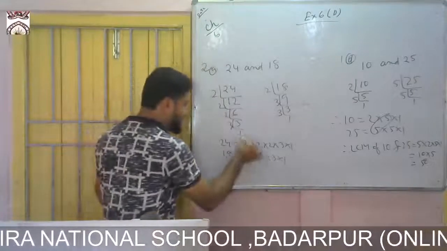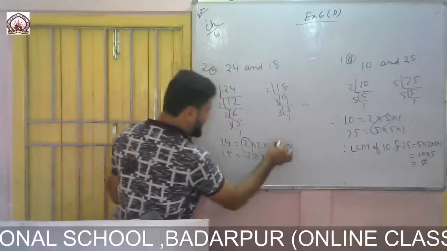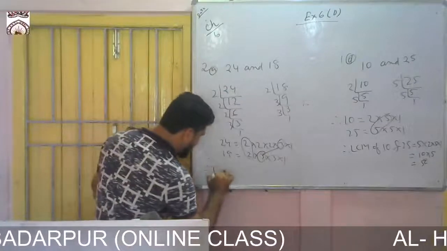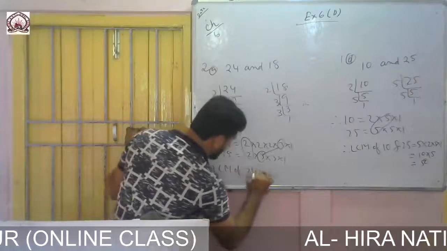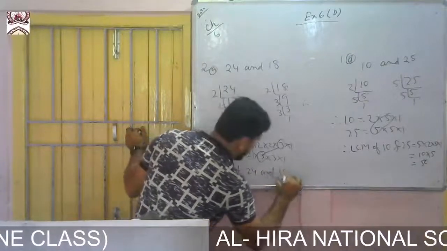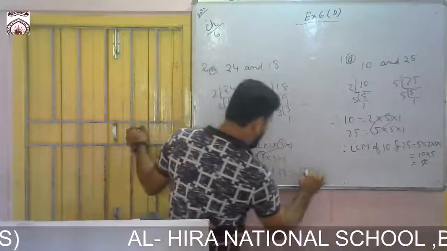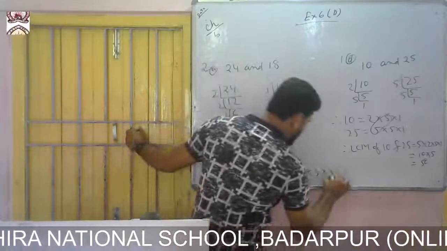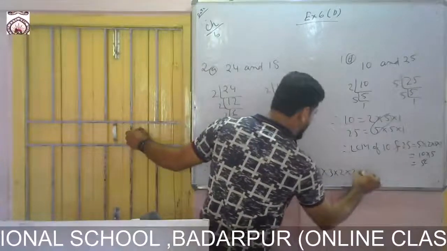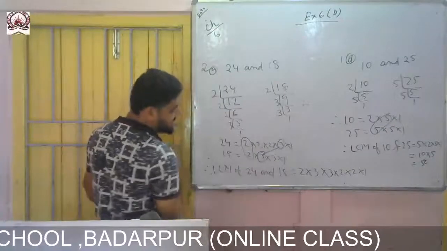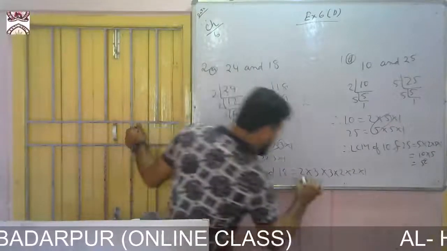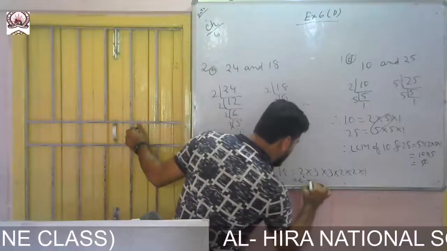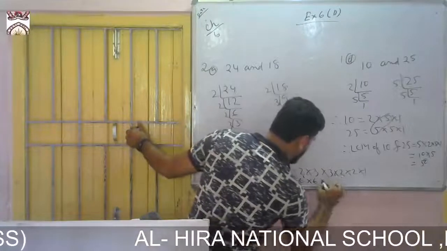Now take the common ones. These two. Is there any more 2? Yes. These 3 and these 3. Now the remaining ones. Therefore LCM of 24 and 18 equals this common 2 into common 3, then the remaining factors 2 into 2 into 3 into 1. So 3 2s are 6, again 3 2s are 6, then 2.